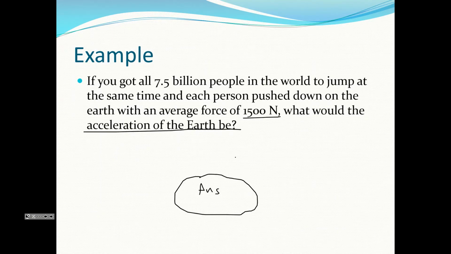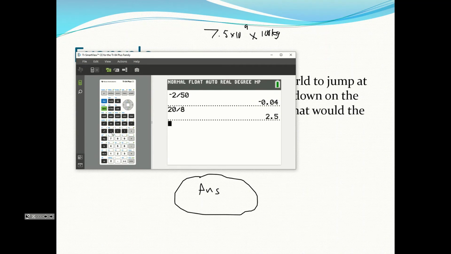We wouldn't have a big enough force, because if you took the mass of all the people on the Earth, so 7.5 billion, which is 7.5 times 10 to the 9 people, and let's say the average person is even 100 kilograms, which is way higher than what the average mass would be, that'd be like 200 pounds. I multiply 7.5 times 10 to the 9 by 100, and that's the mass of all the people on the Earth.